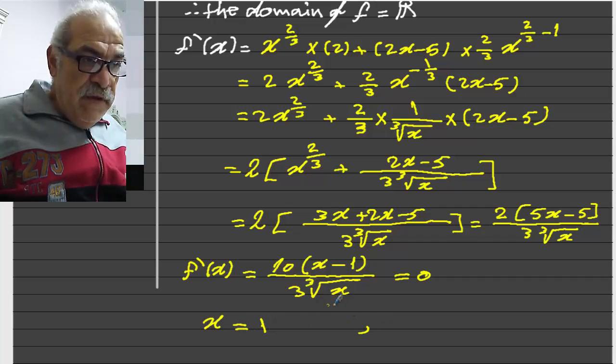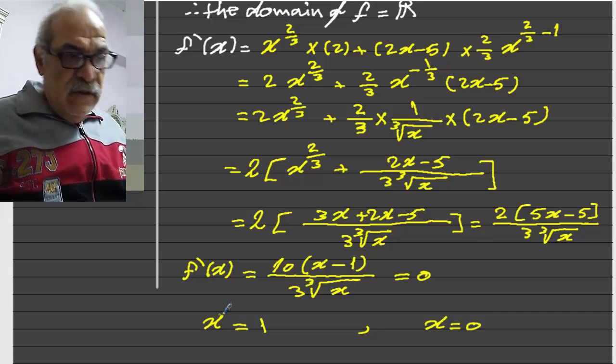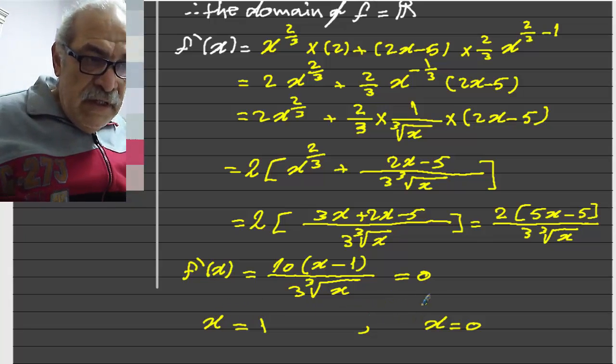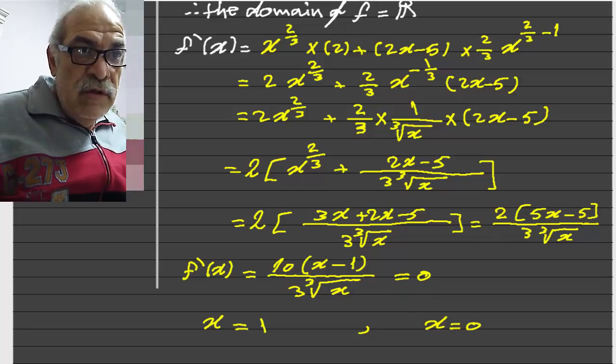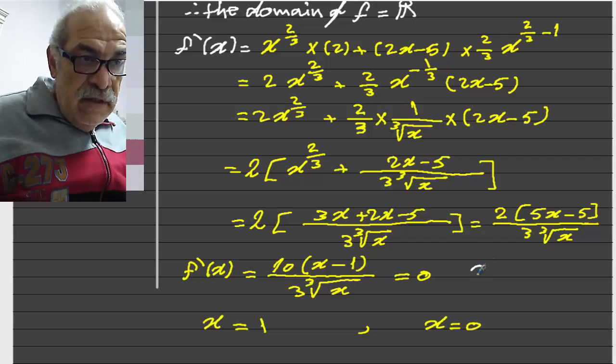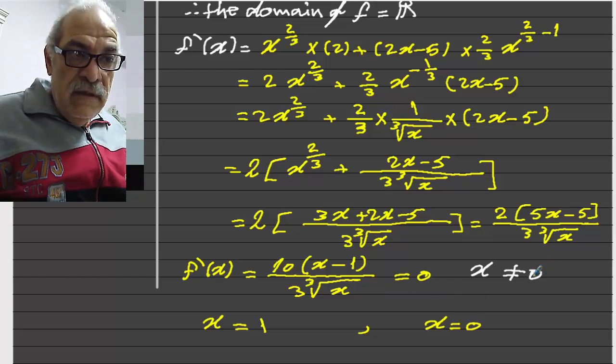And also f dash of x is undefined when x equals 0, because x is in the denominator, x not equal 0.